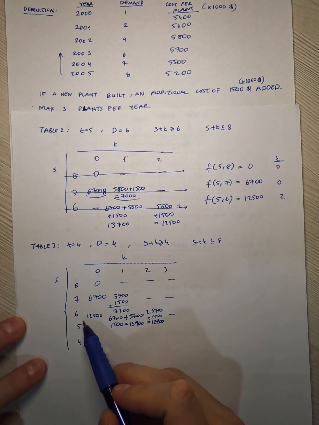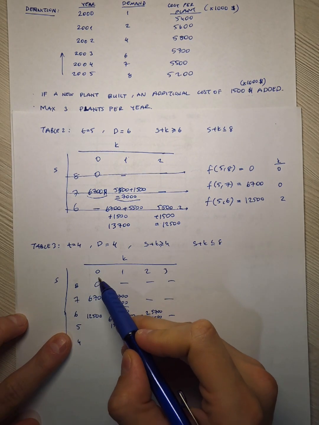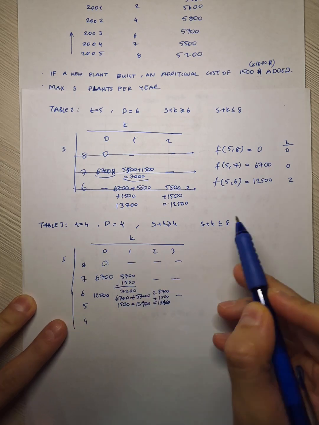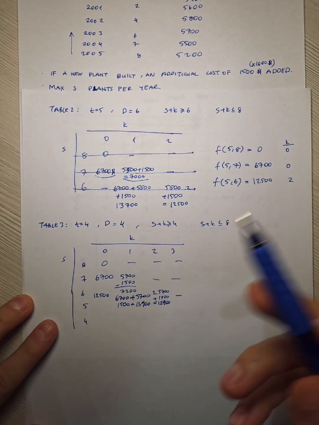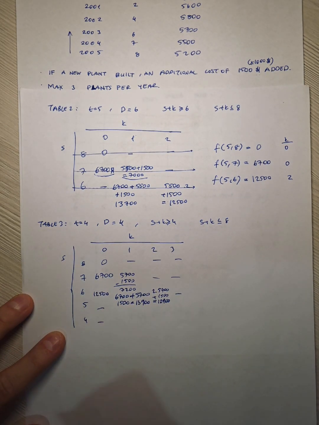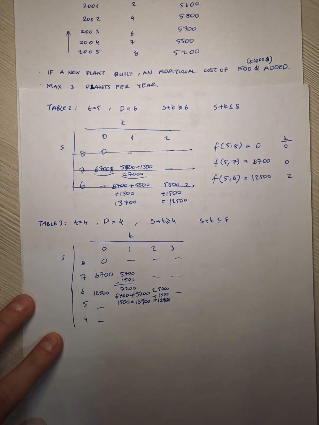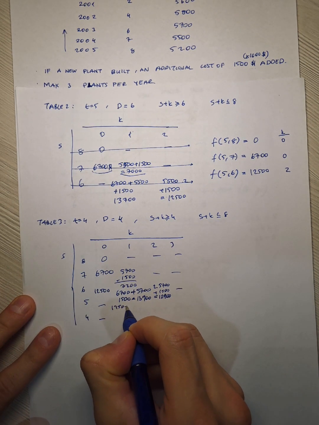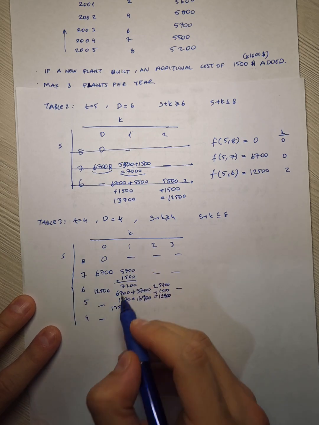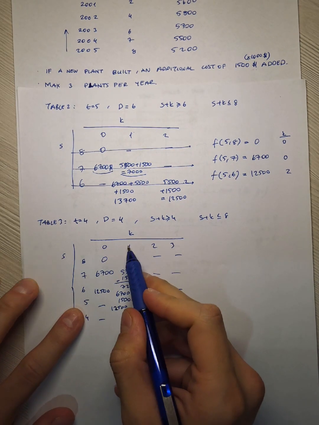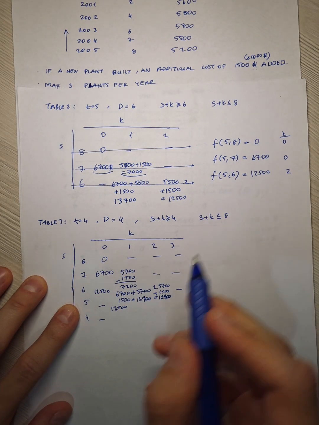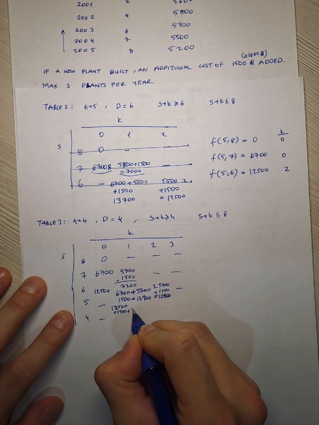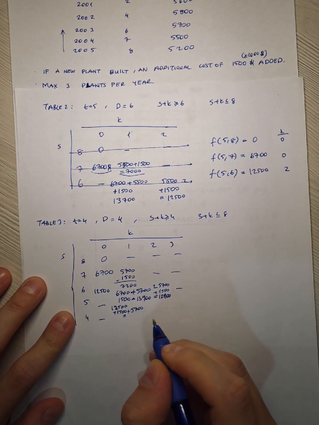Okay, so if you had 5, if we build 0 new plants, then there is no case satisfying the next time step. So they are just not possible. So if we end up with 6, in this case, plus 1,500 plus the cost of building a new one.